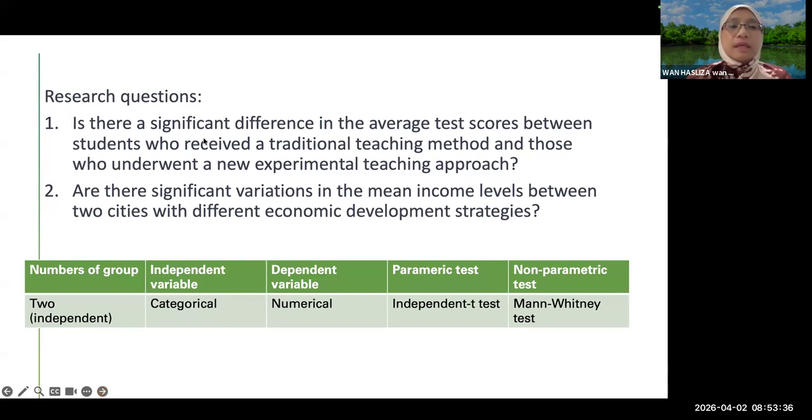Which one do you think is independent? Which one do you think is dependent? Can someone just type in the chat?